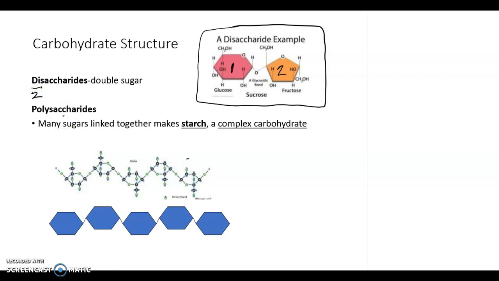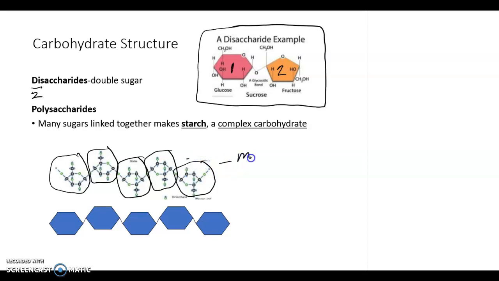So if you look at the image below, you have 1 glucose, 2 glucose, 3 glucose, 4 glucose, 5 glucose. This is many. And so we would call this a polysaccharide. This in particular is a polysaccharide known as starch.